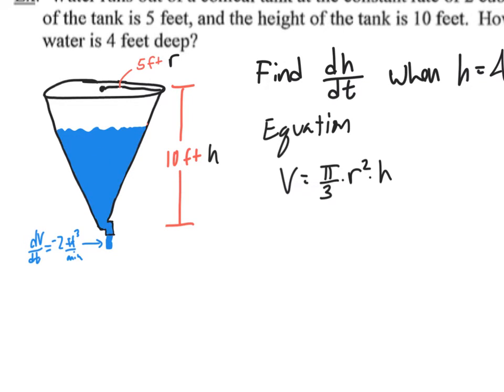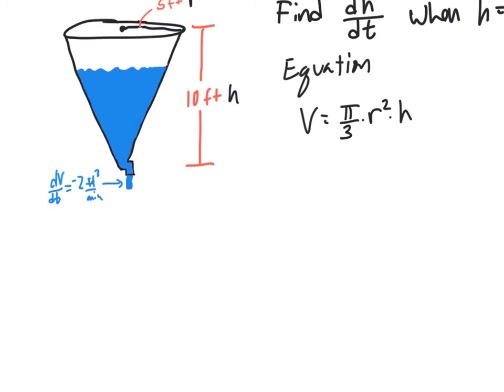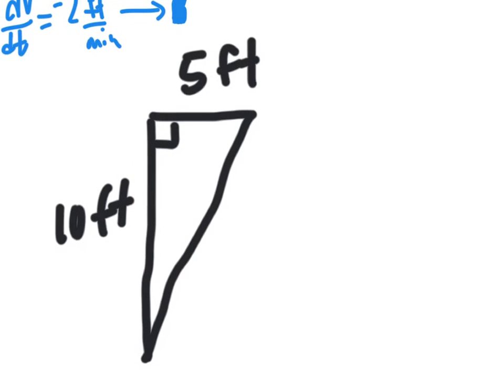But here's what I do need to do. I need to remember that if I were to take a cross section of the cone, and I'm going to do that here, I'm going to end up getting a right triangle. And I know that this is 5 feet, and I know that this is 10 feet. And the other thing that I know is that I'm trying to figure all this out when the water level is 4 feet deep.